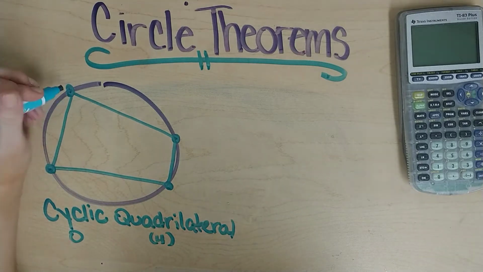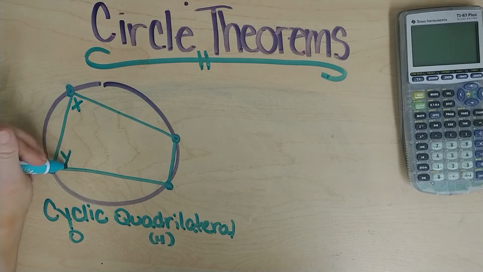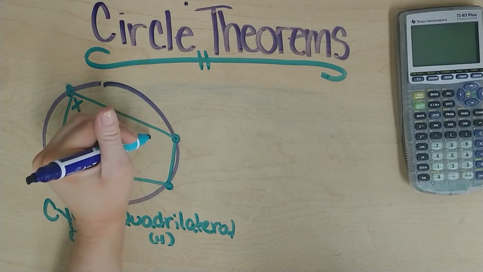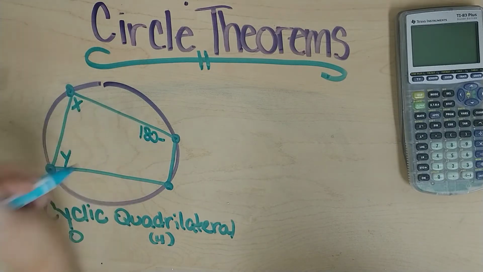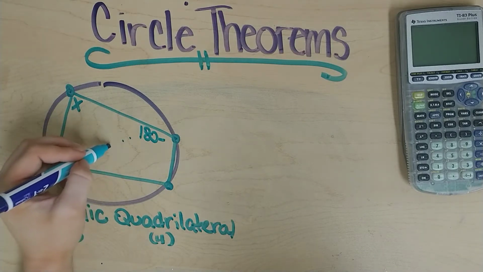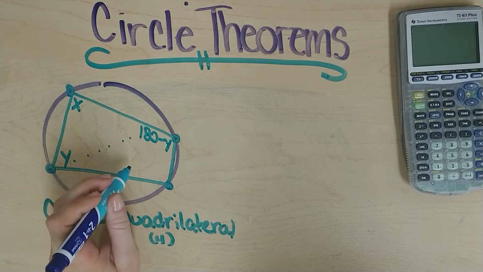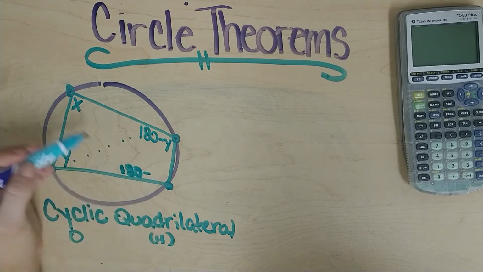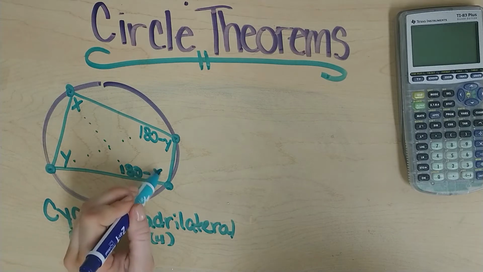So if this angle over here is x, this angle over here is y, this angle over here is 180 minus the supplementary angle, y. This angle is 180 minus the supplementary angle, x.